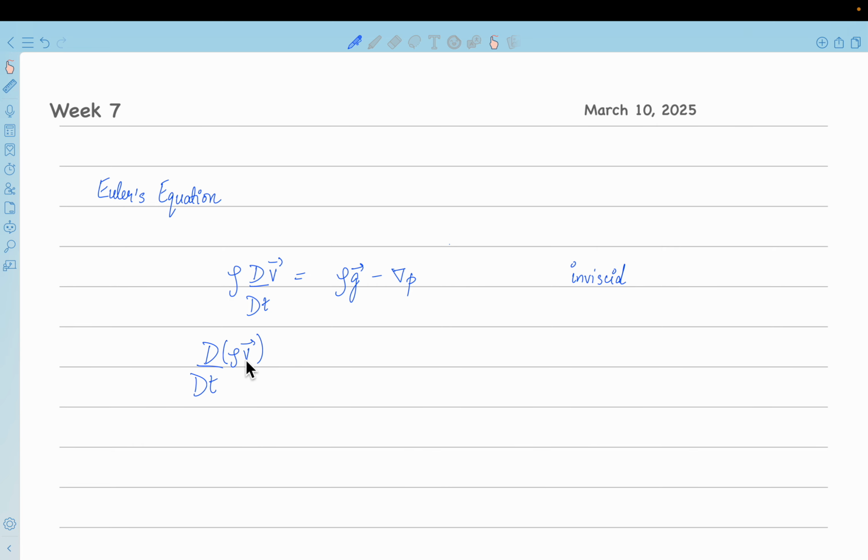So when we are conserving the momentum, this rho was also inside our total derivative, but that is not the case in this equation. We have in fact assumed incompressible flow.